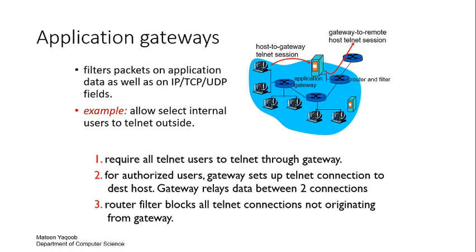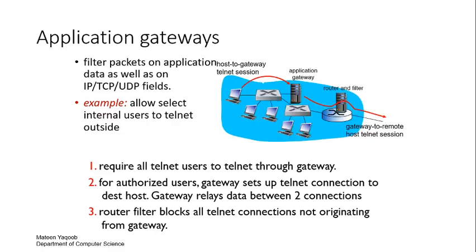The gateway relays the data between the two entities, and the router of that application gateway filters and blocks all telnet connections that do not originate from the gateway. So if any user sends a direct request to the router filter, the router filter will block the telnet session. Only application gateway packets will be allowed through the router filter.